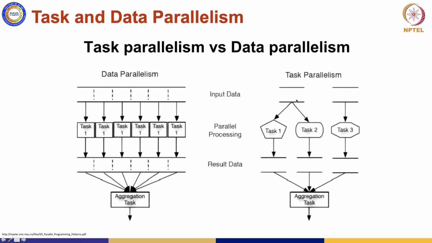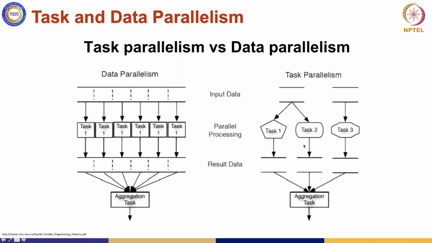When you talk task parallelism, let us say you have a small section of data, then you actually split that particular data, which can be unique for each of the tasks. It's not necessary that the tasks will use the same data, or that these tasks will do the same work.